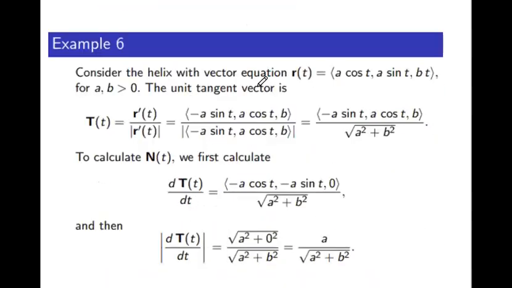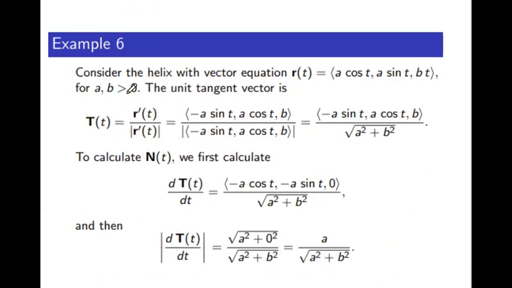So how do you calculate the unit normal? This is called the unit normal, and this is called the unit tangent. This is your famous helix curve. Let's find the unit tangent as well as the unit normal vector for this helix curve.